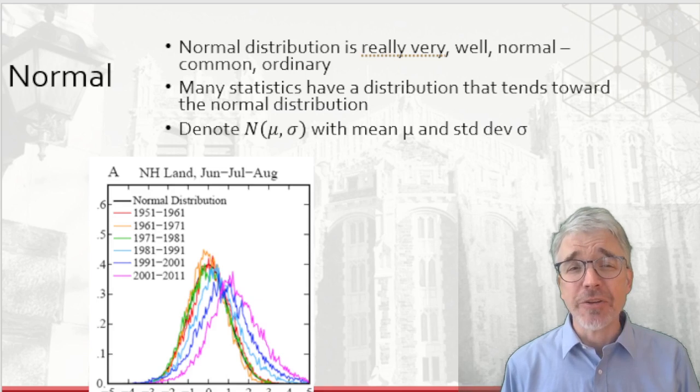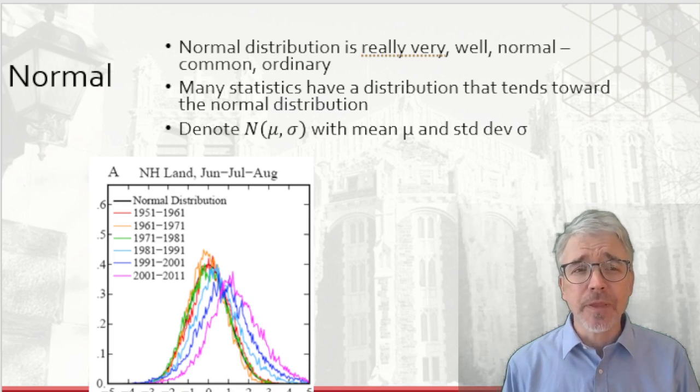Many statistics have a distribution that tends towards the normal distribution. We talked previously about the binomial distribution, which converges towards the normal. Lots of other distributions do the same. Also, the average of statistics such as the mean will often have a normal distribution too.